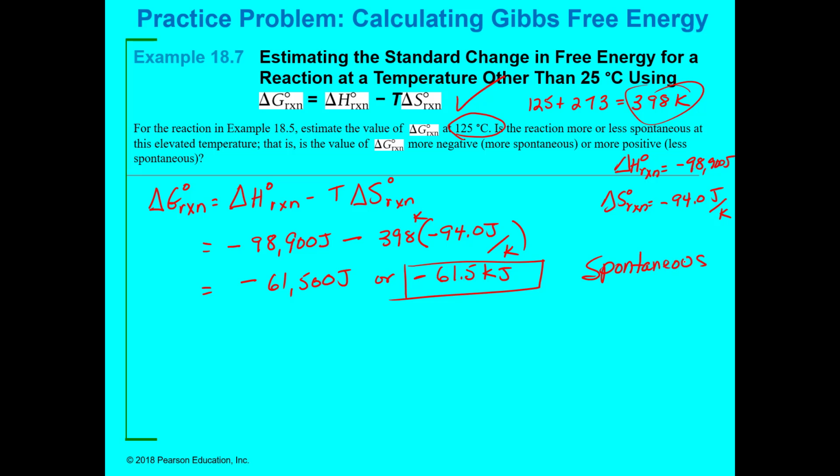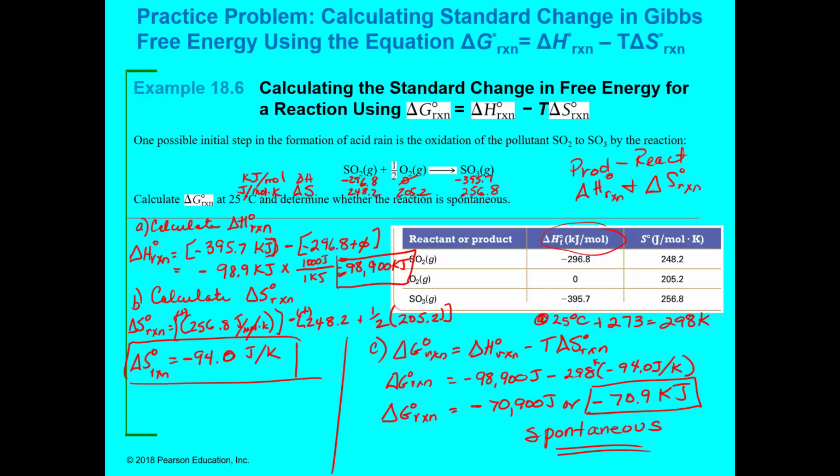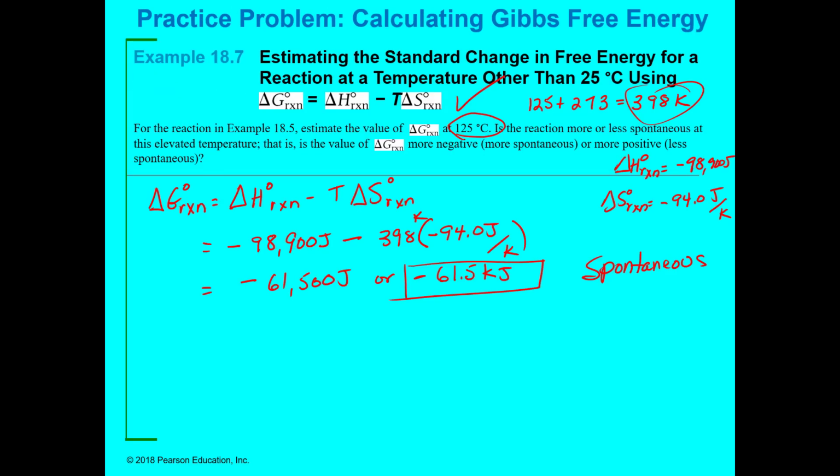My question for you is, is it more spontaneous or less spontaneous than the previous one? That previous one was a negative 70.9 kilojoules. So at 298 K, it was a negative 70 something, right? Negative 70.9 kilojoules.